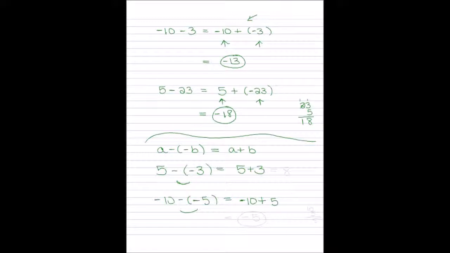So I subtract the two numbers, 10 minus 5, that gives me 5, and I take the sign of the higher number, which is the 10. So my answer is negative 5. Likewise, for the previous problem, when I change it into an addition, 5 plus 3, that's going to give me 8. Those signs are the same, so we added them together and kept the common sign.